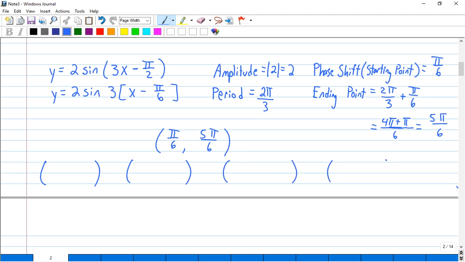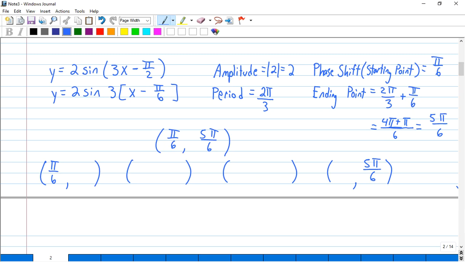Remember, those subintervals are evenly spaced apart. I know that I'm going to start at pi over 6, and I know that I'm going to end at 5 pi over 6. Now think back, how do you get that change in x, or that increment, that space? How do you get that value that you want to add to a significant point to get the next significant point? We did that before.